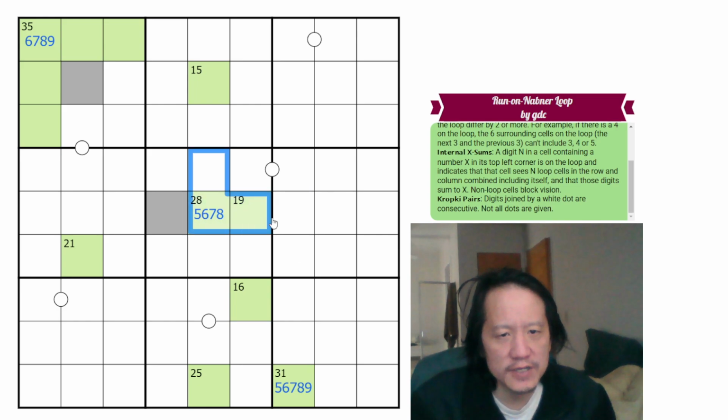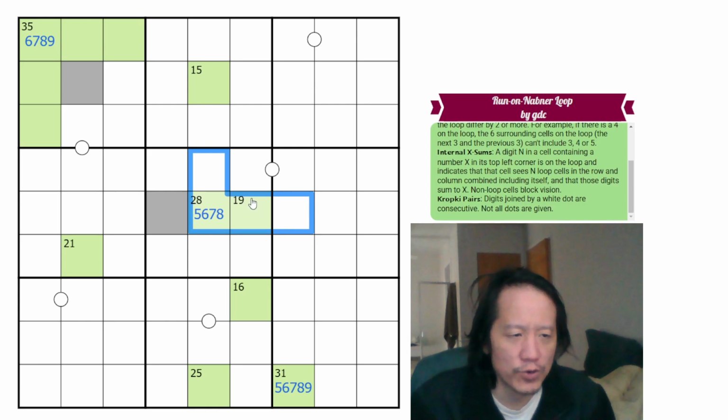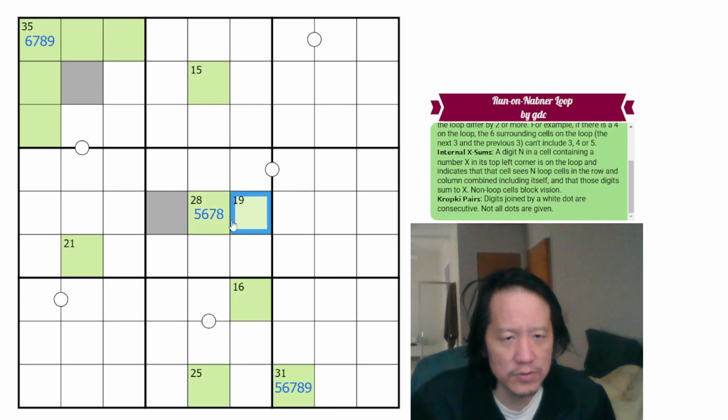The problem is the Nabner line would still work there, right? And you can't have 4, 9, 9 either. With 6, I guess it would be. Yeah, 4, 6, 9, 9 doesn't work either.